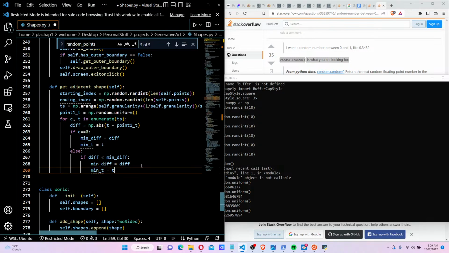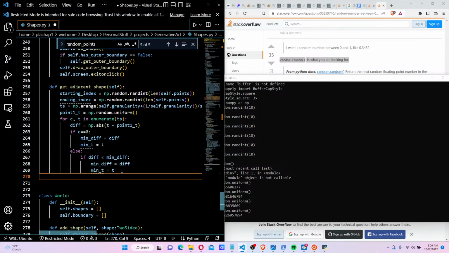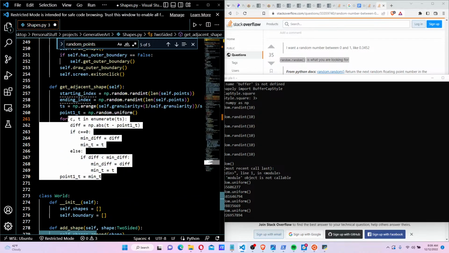So that gets it. Now 0.1t is just equal to min t. And then you could do the same thing for 0.2.